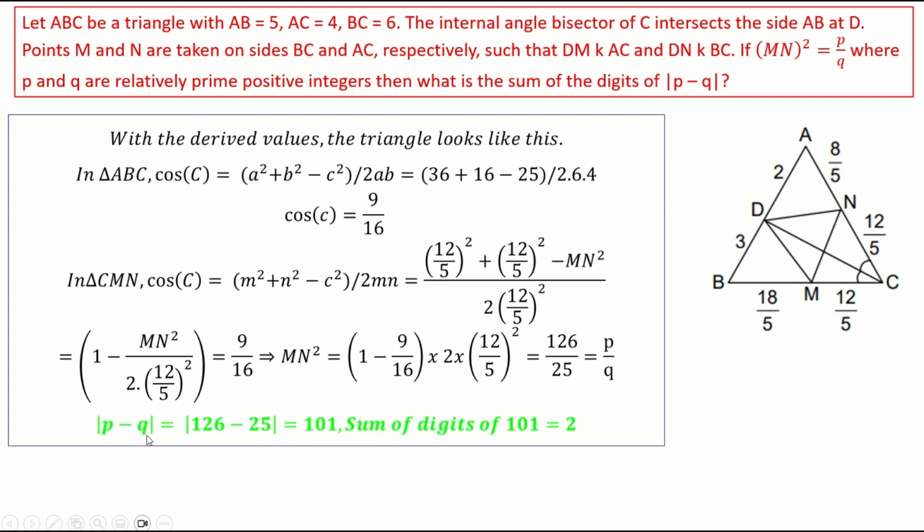So the answer is the absolute value of P minus Q, 126 minus 25, which is 101. So the sum of the digits of 101 is equal to 2. This is the answer. It's a lengthy question, but easy. You have to apply 2 to 3 theorems and rules here. So it's moderate.